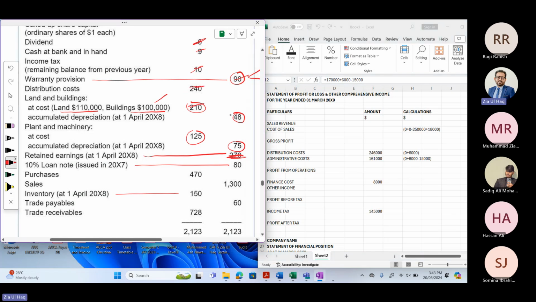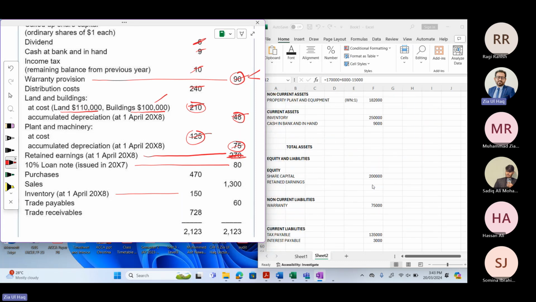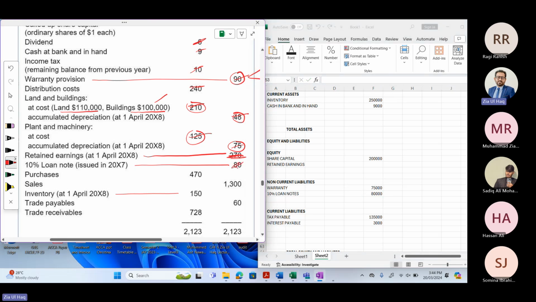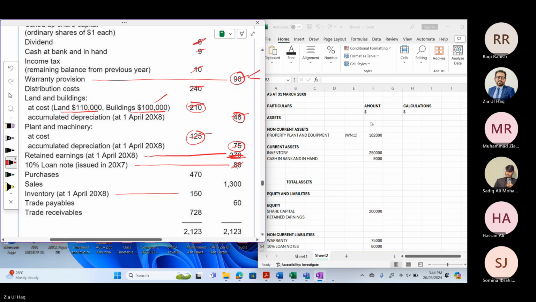And regarding these figures, we have already done them. And the 10% loan note 80,000 should be recorded under non-current liabilities. 10% loan notes 80,000, done.